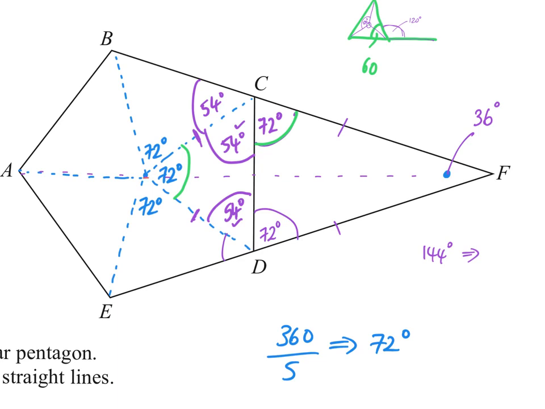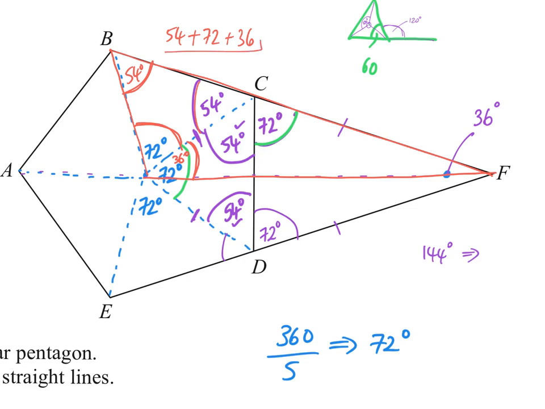Now if I change colour here, some of you could probably be inventive and say, well, hold on, there's a triangle here, and I know this angle, I know that one because it's half of the 72, which is 36, and I know this one, it's 54 for the same reason that this one was, and so the angles in a triangle make 180, and if I've got 54 and 72 and 36, then what are those added up?